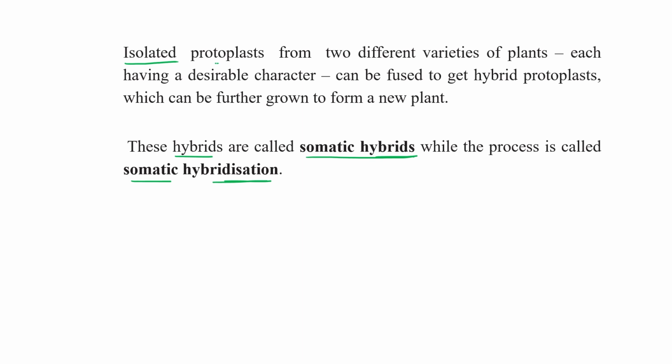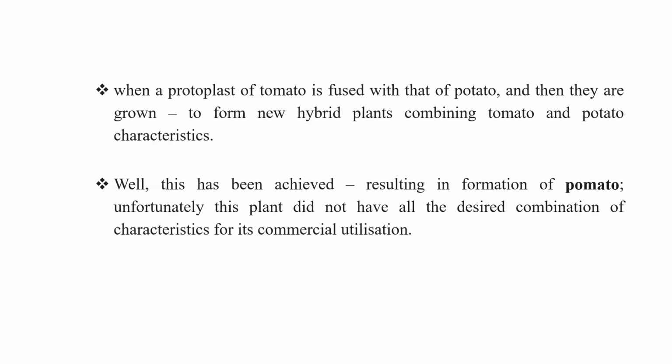Isolated protoplasts from two different varieties, having two different characteristics, can be fused together to get a hybrid protoplast, and this is how we are able to grow a new plant which is having properties of both the plants. This technique is known as somatic hybridization, and the hybrid generated through this protoplast fusion technique is known as somatic hybrids. Clear?